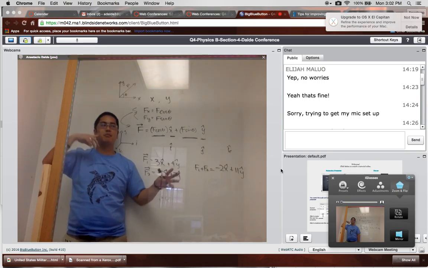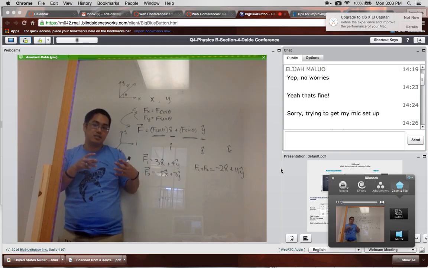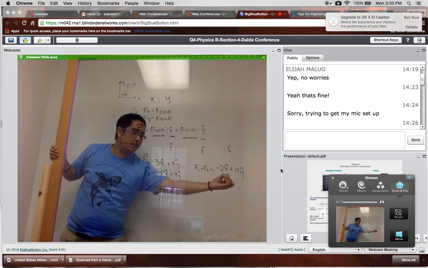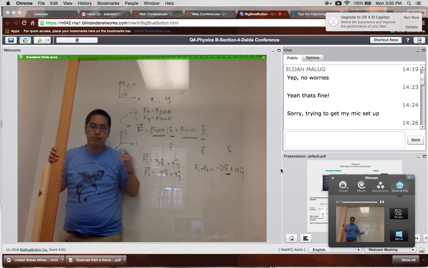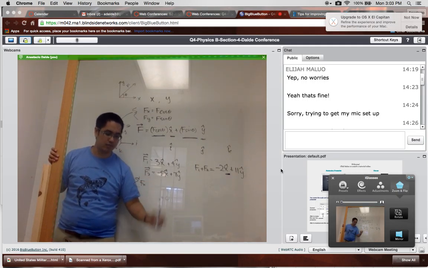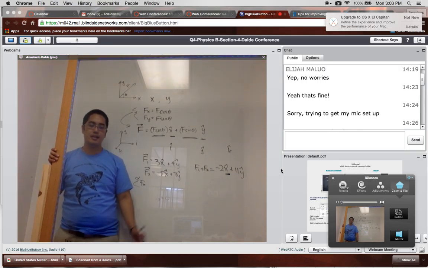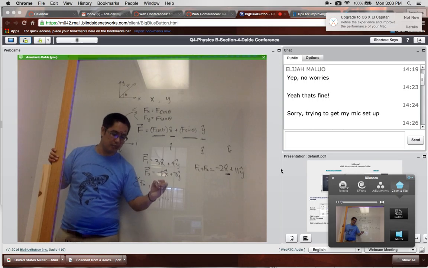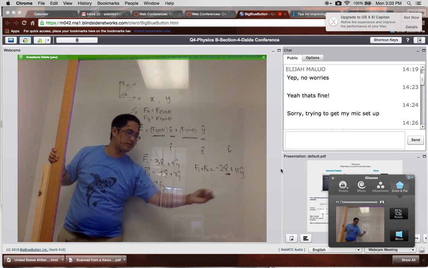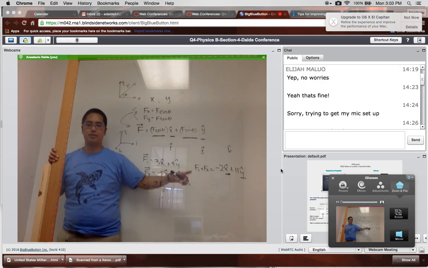Because remember, back when we were doing this stuff separately, we added up all the forces in the x direction. That would be only looking at the x hat direction, add up all the forces. We did this sum of the forces in the x direction. And then separately, we did sum of the forces in the y direction. This is doing both of those steps simultaneously.